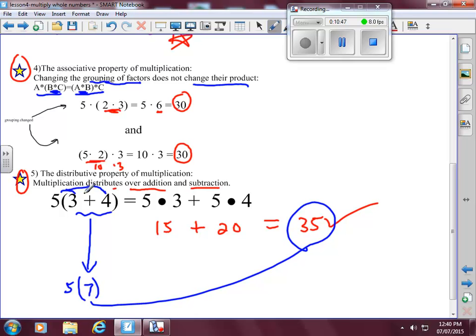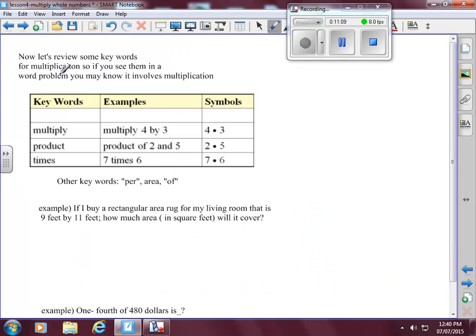Over the operation of addition or subtraction. So I'll make a little side note. If you had 7 times 5 minus 2, it'd be perfectly legal, so a little example here, to say that that's 35 minus 14. Okay, legal to distribute the 7. All right, hope that helps.